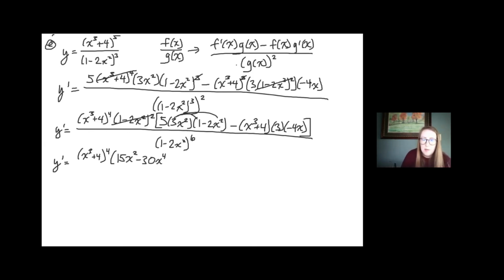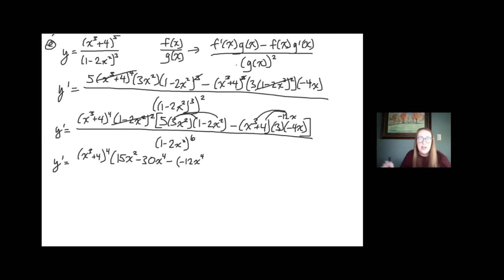Okay, we're going to do the same thing with this second part up here. So 3 times negative 4x is a negative 12x. And we're going to distribute that to both of these terms. So negative 12x times x cubed is negative 12x to the 4th.